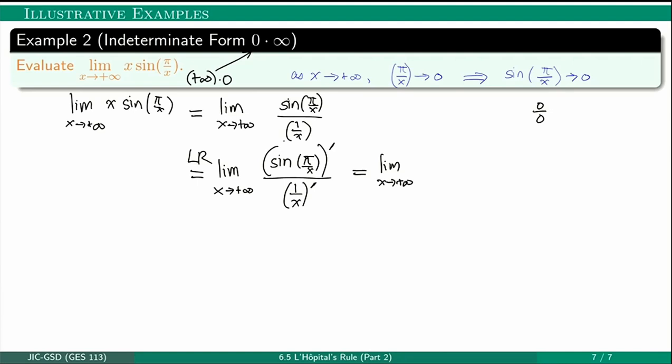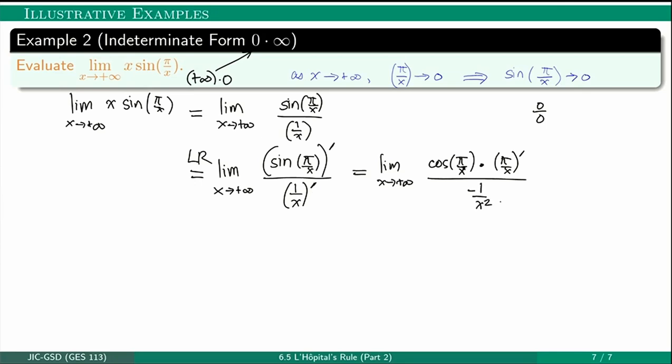Simplifying this, we'll have the limit as x approaches positive infinity. Well, in here we are going to use the chain rule. First, we take the derivative of sine, which is cosine. I'll copy the angle, multiplied by the derivative of the angle. But what is the derivative of that angle? Pi over x, take the derivative, divided by, well, the derivative of 1 over x, which is minus 1 over x squared.